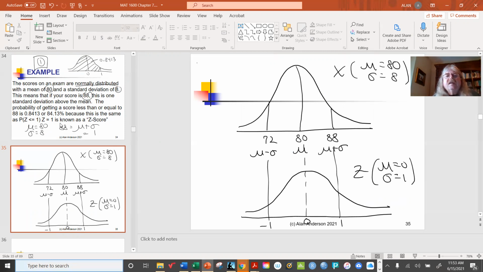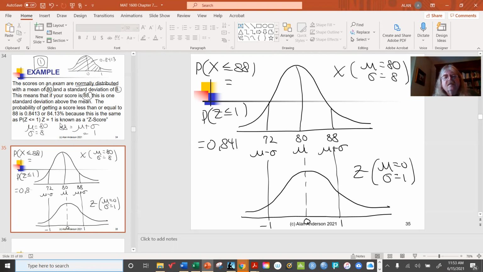So the probability that X is below 88 is the same as the probability that Z is less than or equal to 1. And we just saw in the table that this is equal to 0.8413. So what that means is that if you got an 88 on this test, you did better than 84.13% of the class, or below 15.87% of the class.